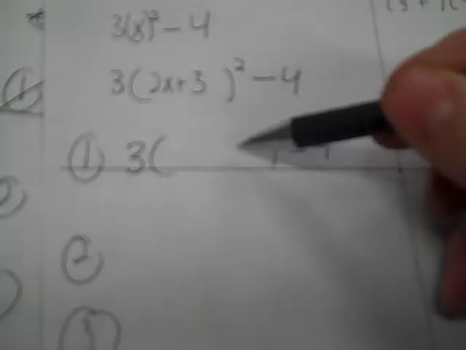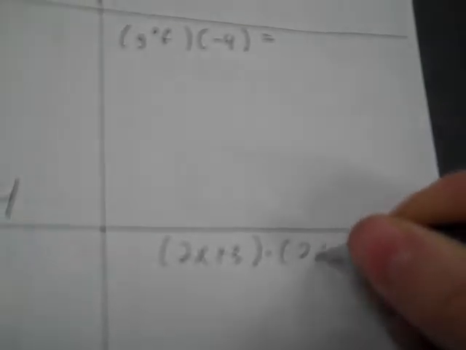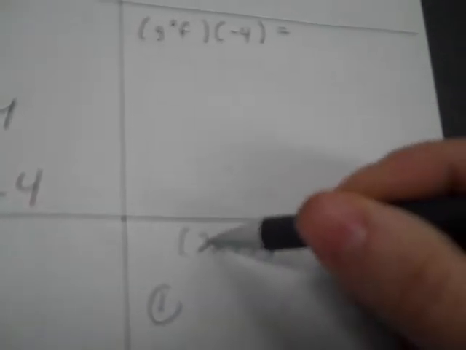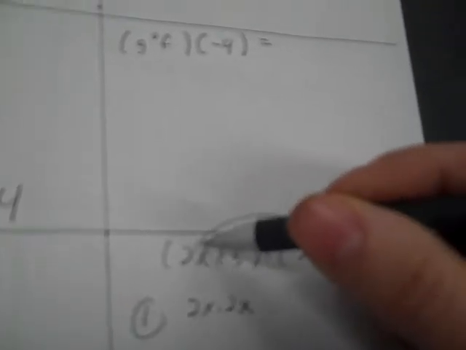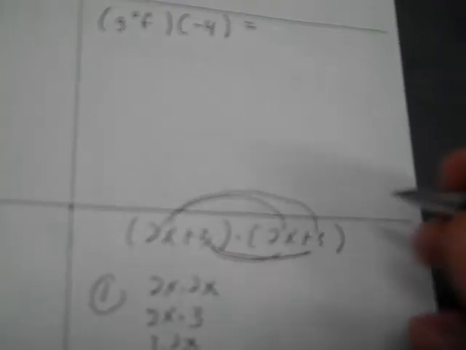Now to find out what goes in there, you need to go off to the side and duplicate that and FOIL it with your 1, 2. So I'll be taking 2x times 2x, squaring 2x, and then 2x times 3, 3 times 2x, and 3 times 3. So that's 4x to the second, 6x, 6x, and 9.